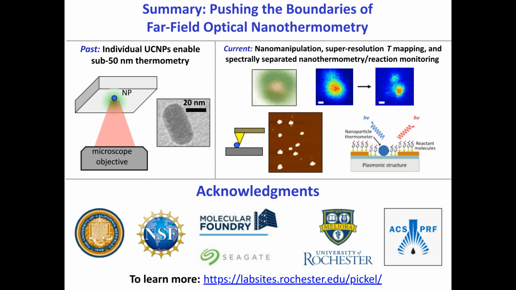The other thing that can be helpful, and this goes back to what I was saying previously about having this advantage of a large separation between the excitation wavelengths and the emission wavelengths, and also the fact that these wavelengths are very tunable by changing these lanthanide dopants, is that you can basically ensure that your excitation wavelengths and your emission wavelengths are both not anywhere near the plasmonic resonance.